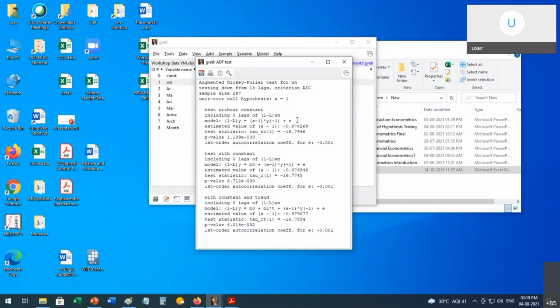That's the problem. Once we have got the residual from a regression, subjecting it to the unit root test will not tell us that the model is adequate. We have to do all those model adequacy tests, or we have to go for the correlogram. Remember, the correlogram will tell us only about the autocorrelation, not about heteroscedasticity, specification problems, ARCH effect, and so on.